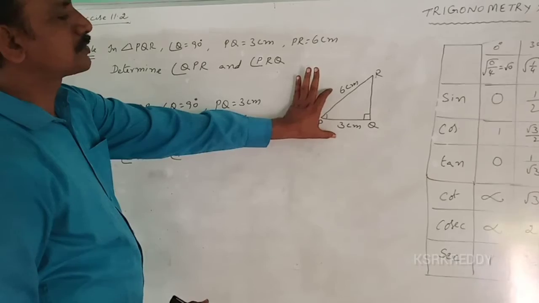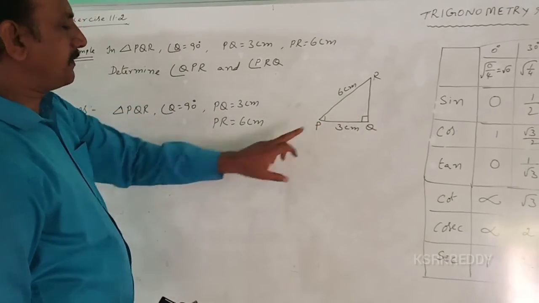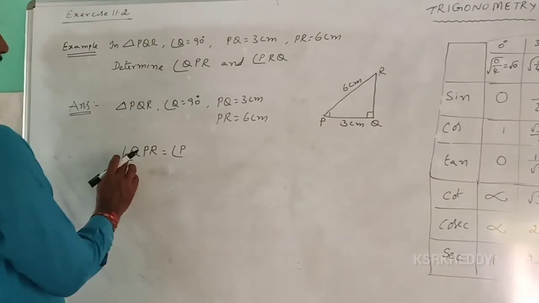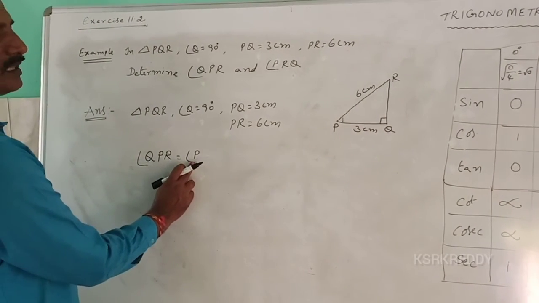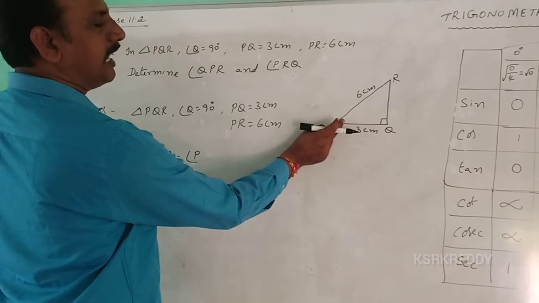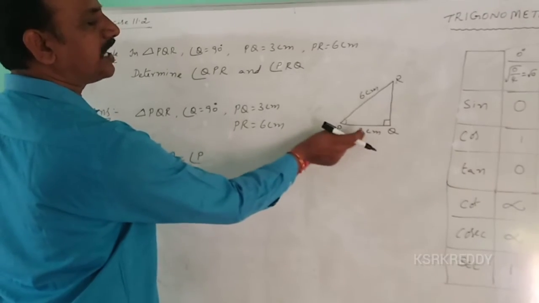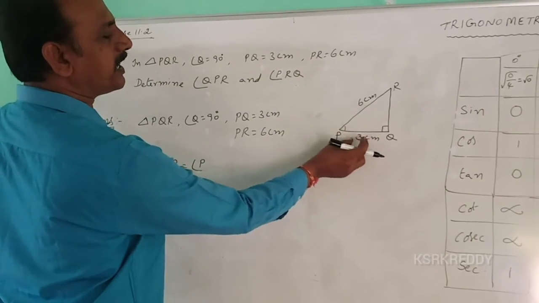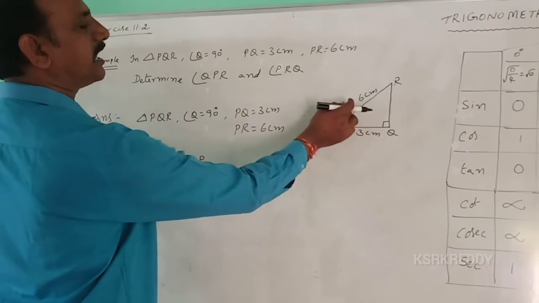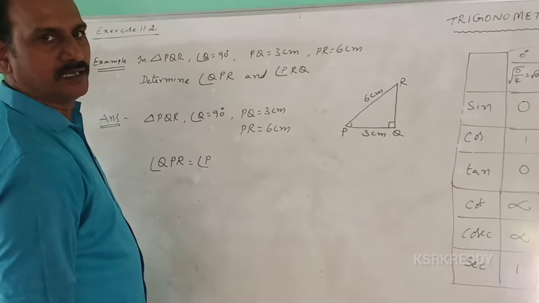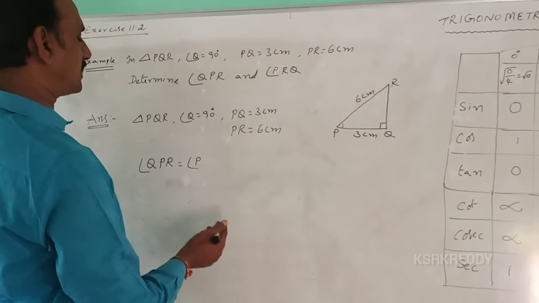Use these two sides to find angle P. What is the relation for angle P? It is the adjacent side and the hypotenuse. The adjacent side and hypotenuse formula is cos.